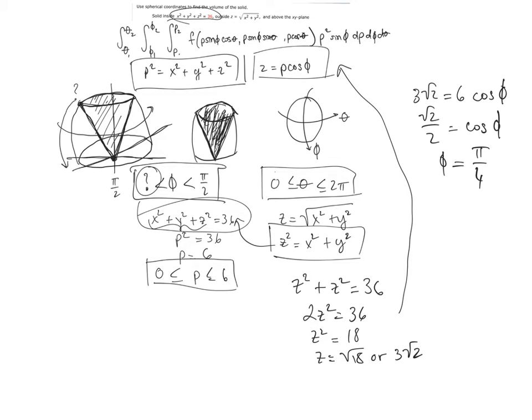So this unknown angle right here from the picture is pi over 4 to pi over 2, and right here from 3 pi over 4 to 3 pi over 2.